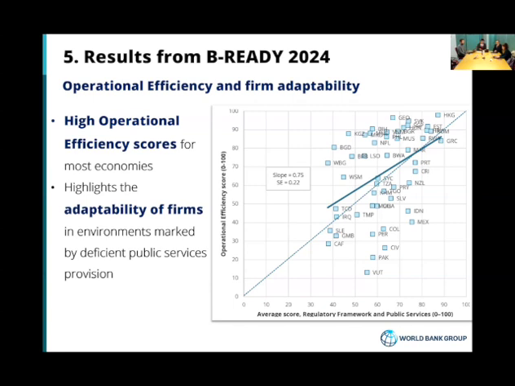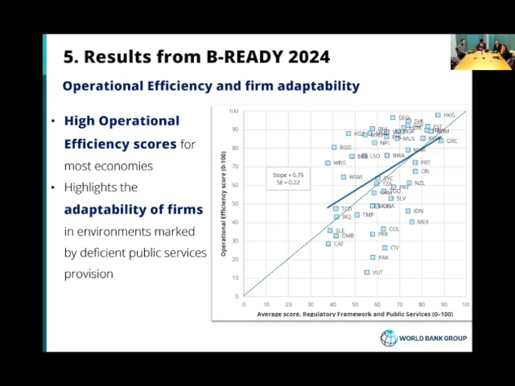As we saw on the last slide, we consistently see that the average economy scores on Pillar 2 are consistently lower than those on Pillar 1 on the regulatory framework, as well as those in Pillar 3 on operational efficiency. This seems to suggest that firms have, in some way or the other, developed a coping mechanism of sorts to navigate their respective business environment, and adaptability of sorts, to name it differently.